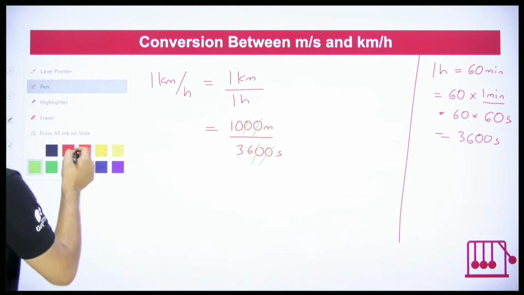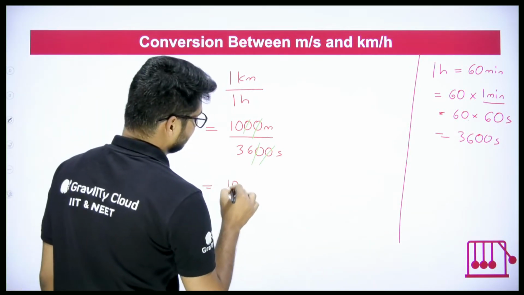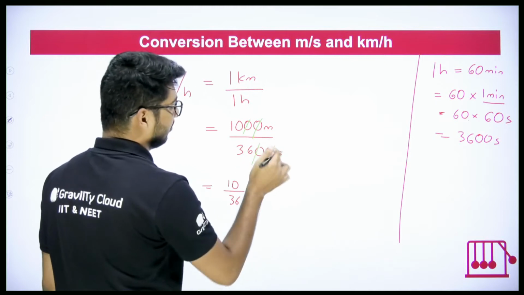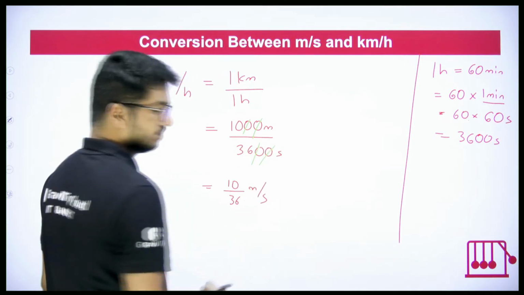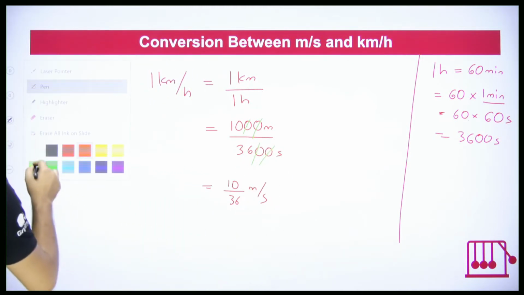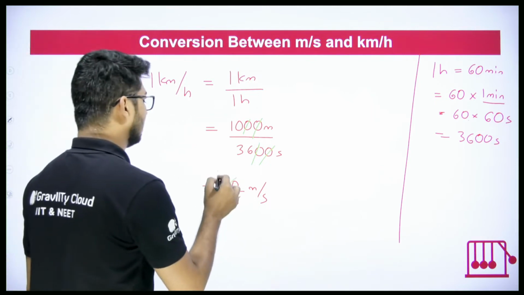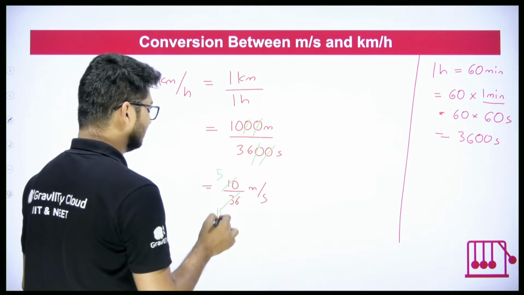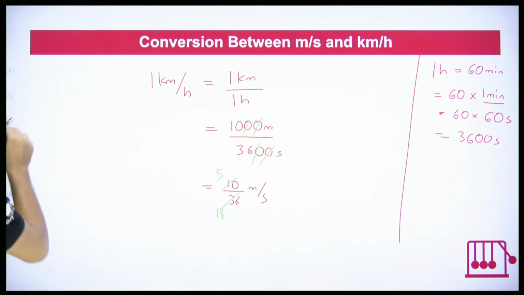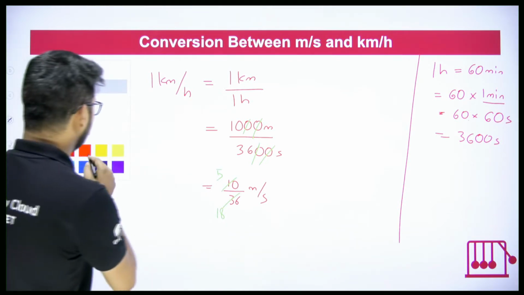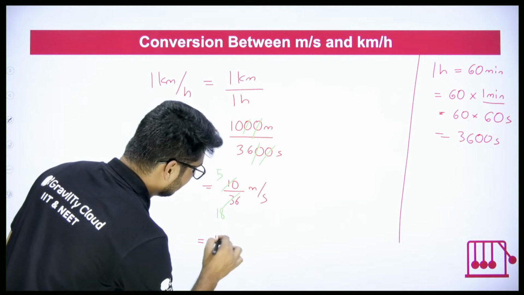So if I do the calculation, 2 zeros cancel. What is remaining? 10 by 36. The units are meter per second. Then again, can I cancel it? 2 5s are 10. 2 18s are 36. So what is remaining? 5 by 18 meter per second.